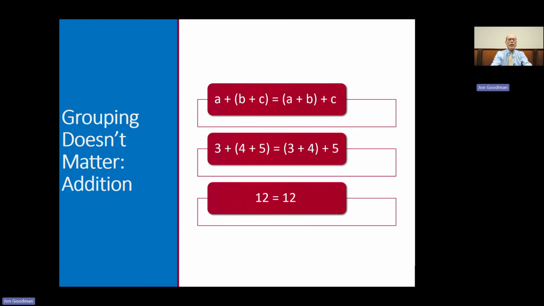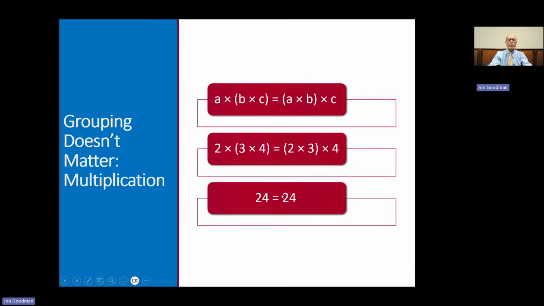So 3 plus 9 is the same as 7 plus 5. 12 equals 12. Same thing with multiplication. Grouping does not matter with multiplication. 2 times 3 times 4, 2 times 12 equals 2 times 3 times 4.